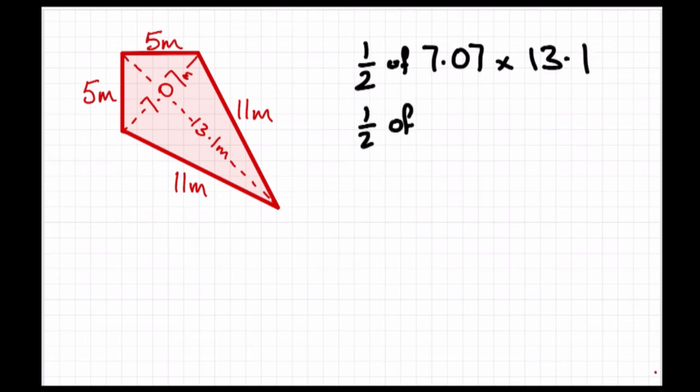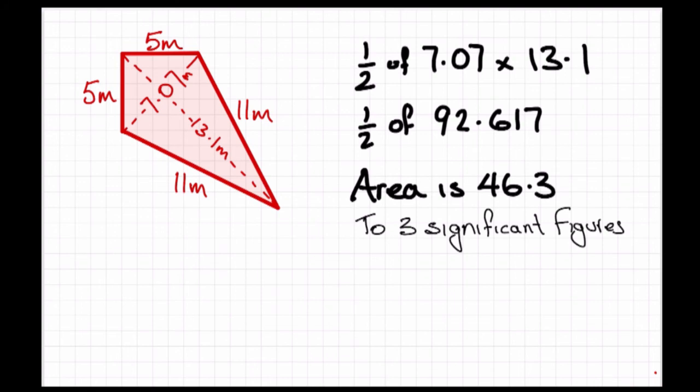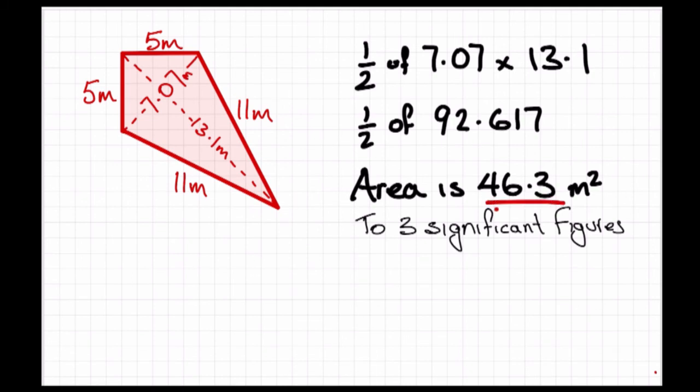So that gives me 92.617. So dividing that by 2, and then on this occasion I'm going to round off my answer to 3 significant figures. So I get 46.3, and the area, of course, will be meters squared. So that is my answer.